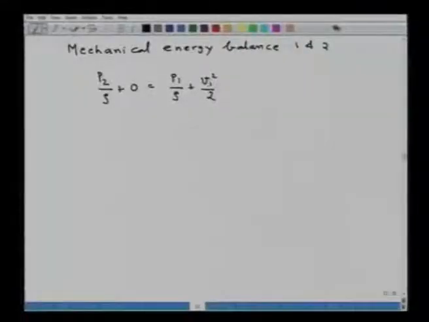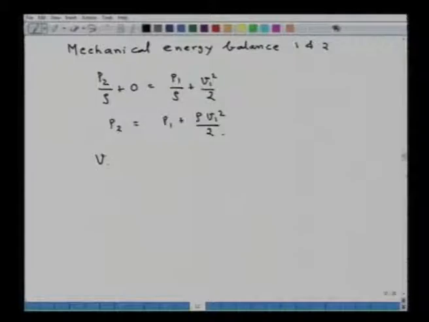So, at the point 2, since the air hits the impact point, its velocity is equal to 0. So, that is why P2 upon rho plus 0 and P1 by rho plus V1 square by 2. From here we find that P2 is equal to P1 plus rho V1 square by 2.